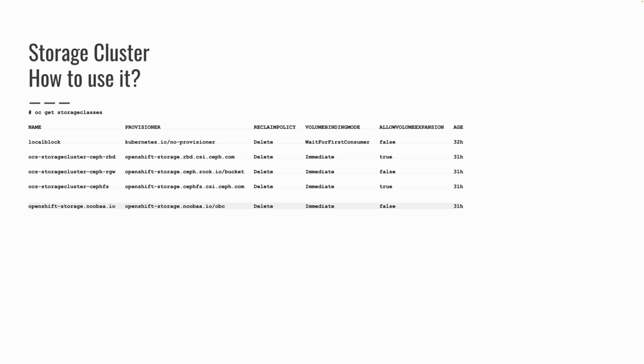Everything I mentioned in this presentation can also be done using the OpenShift Container Platform user interface. But generally, when you go through the user interface, you don't have much control. You just click here and there and then click to the next page and so on.